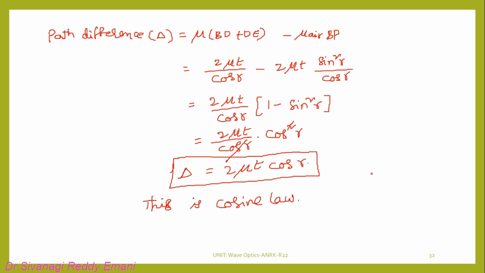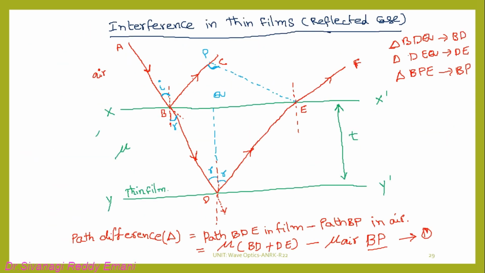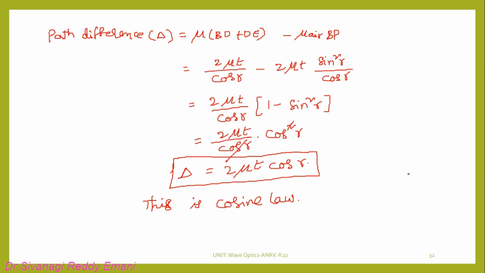Now if we observe the diagram, the light ray gets reflected from the top surface at the point B. Whenever reflection occurs from the upper surface of the thin film, the light ray BC undergoes an additional phase change of pi, or additional path difference of lambda by 2. So additional path difference of lambda by 2 will take place there by Stokes theorem. So this is the cosine law.